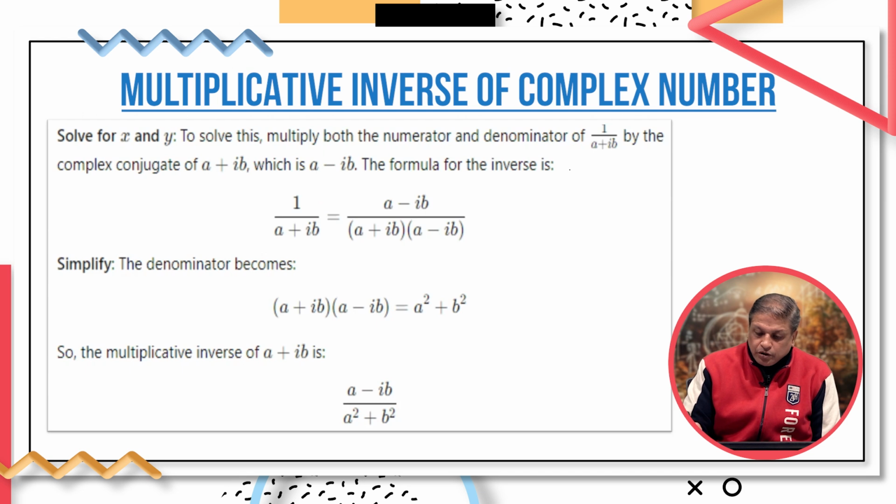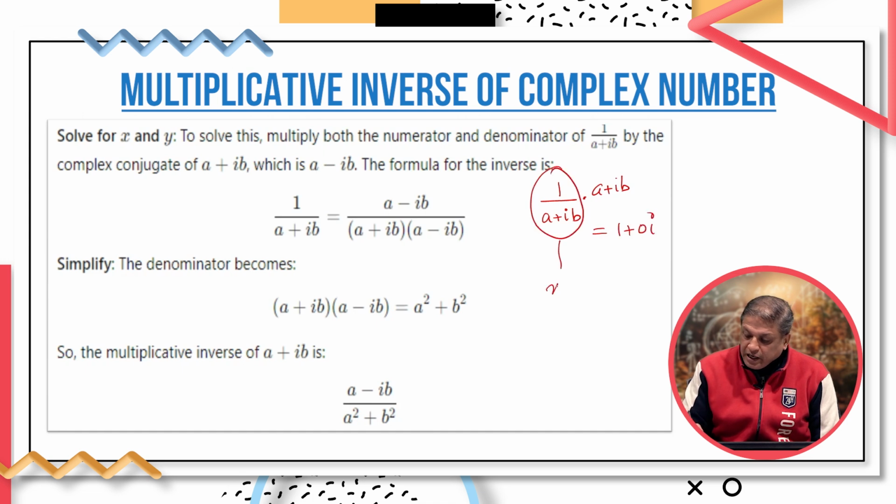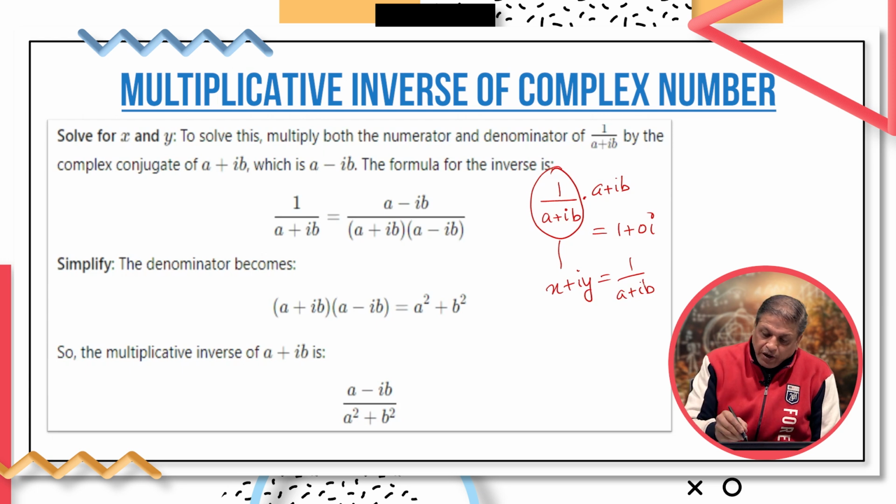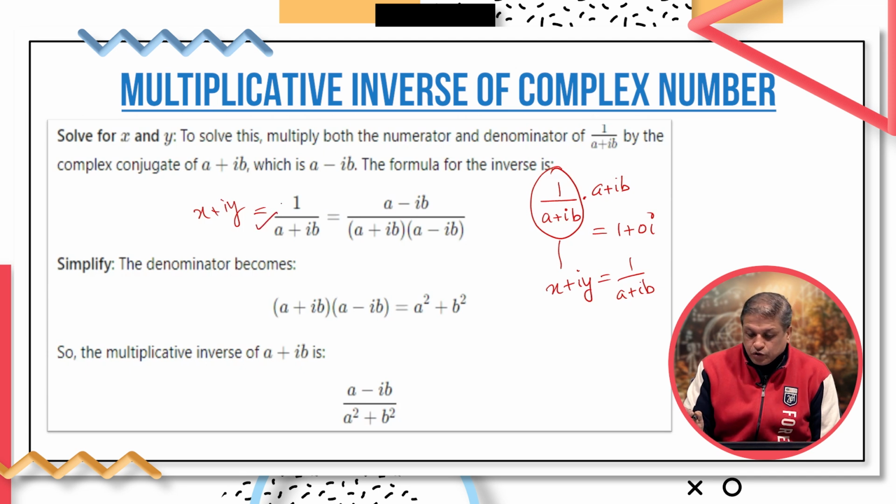Because the multiplicative inverse of a plus ib, when multiplied by a plus ib, will be equal to 1 plus 0i. So the multiplicative inverse is nothing but x plus iy, because this is the inverse of a plus ib. So we are supposed to find this value.